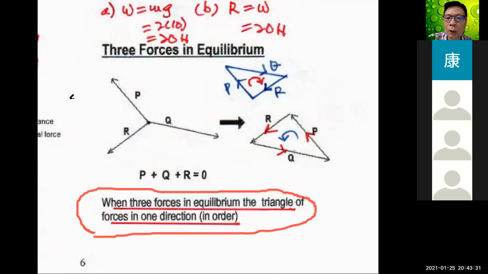Understand? So when you join up the forces to form a triangle in one direction, it shows that the 3 forces are in equilibrium. So you say, when three forces are in equilibrium, the triangle of forces is in one direction, either clockwise or anti-clockwise. Okay?